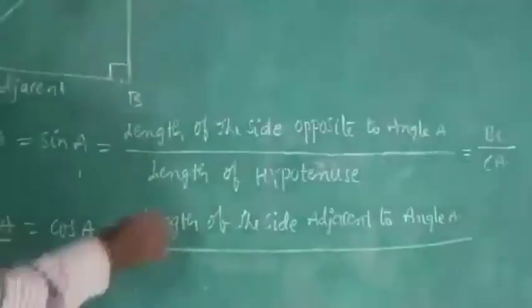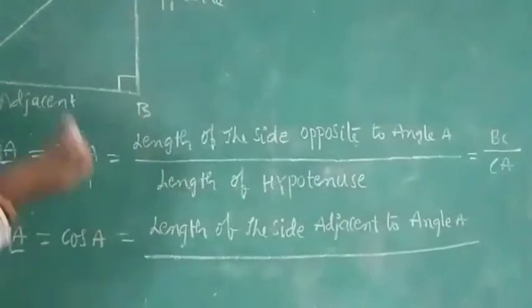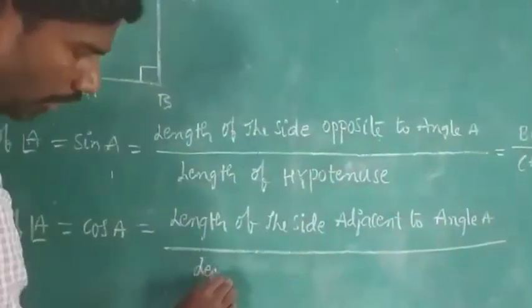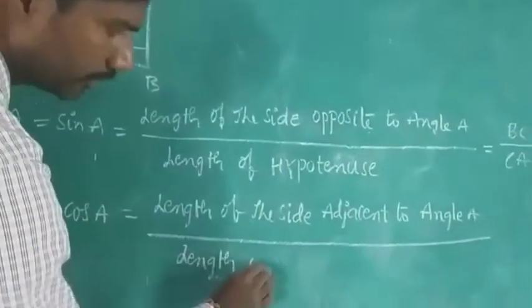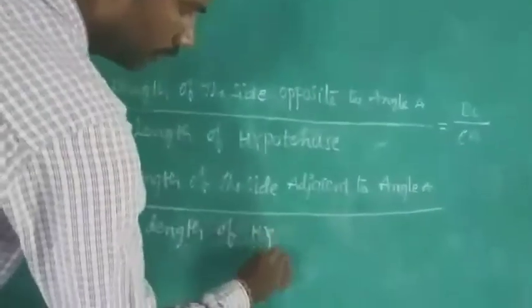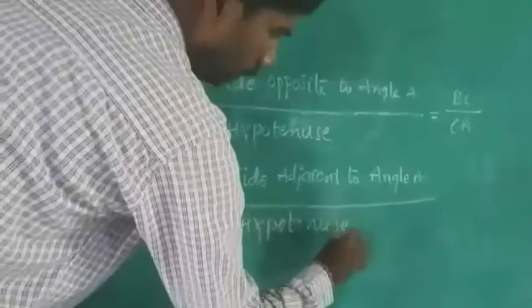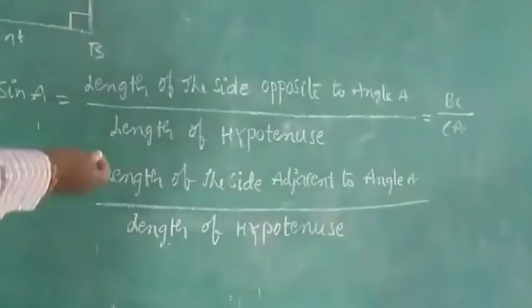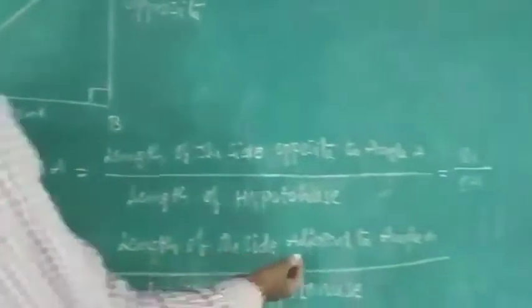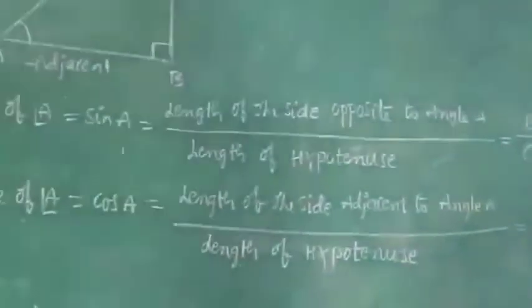Here angle A only we are taking. See, I told you this is adjacent, right? AB. So the length of the side adjacent to angle A is AB, by CA, the length of the hypotenuse.